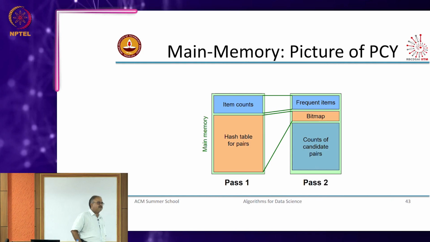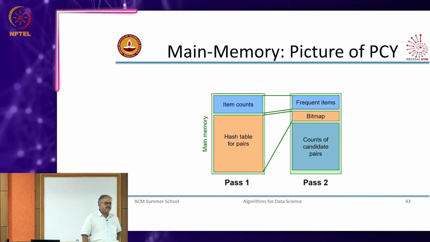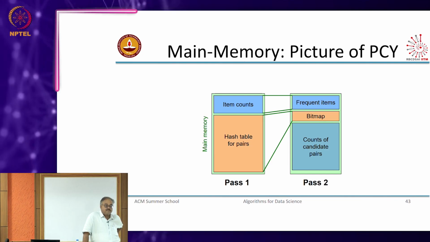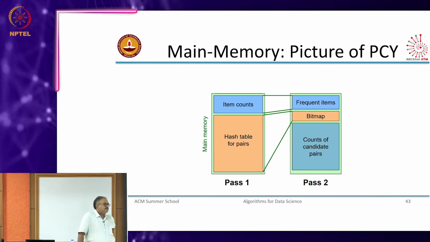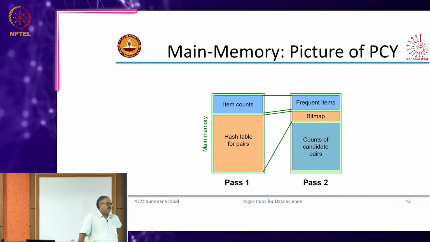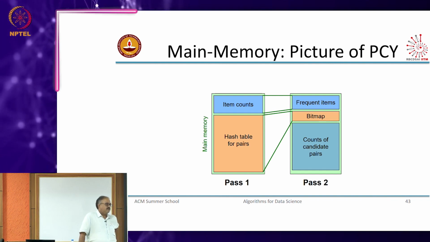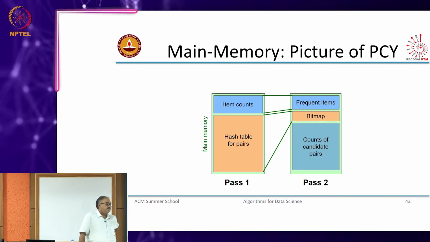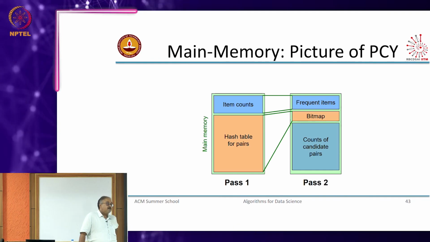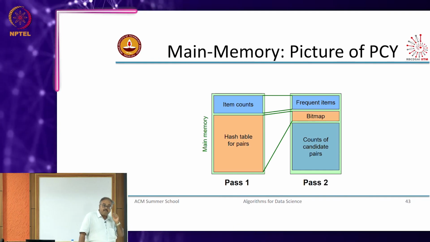If I have to represent a count of 1,000, how many bytes do I need? If I have only 1 byte, what is the largest count I can represent? 2 power 8.